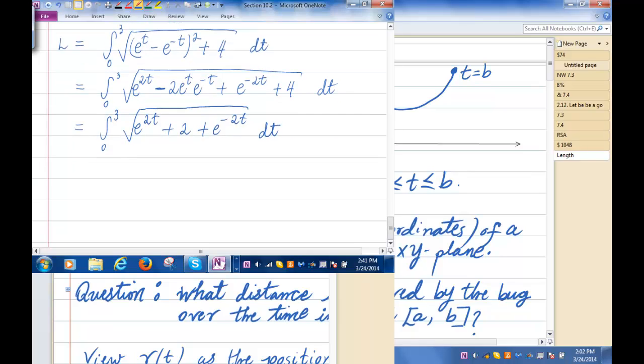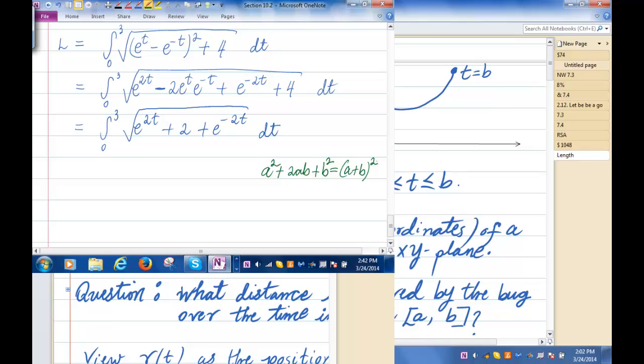Now we need to complete the square and get rid of the square root. So can I write what I have inside the root as a square? Remember this formula: a squared plus 2ab plus b squared is a plus b squared.